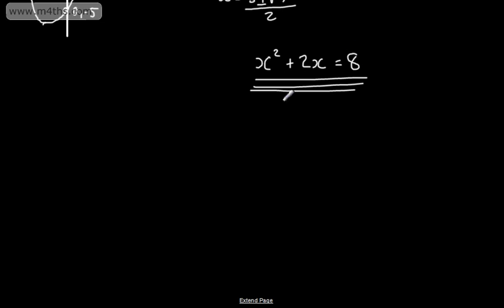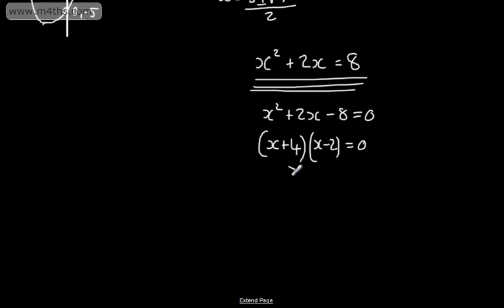So I want this in the form ax squared plus bx plus c is equal to 0. So we could say now that x squared plus 2x minus 8 is equal to 0. So two numbers that multiply to give negative 8 and add to give 2, that's going to give me x plus 4, x minus 2, that will be equal to 0. So we can say that x would be equal to negative 4 or x would be equal to 2.